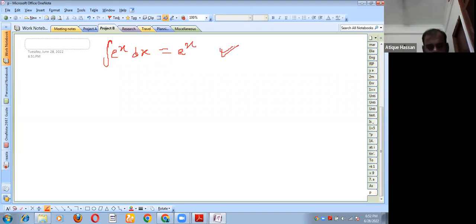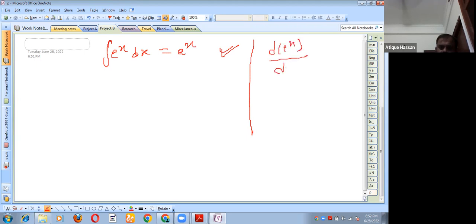You always remember that differentiation and integration of an exponential quantity remain the same. You may have seen that differentiation of e to the power x dx is also e to the power x. So either it is integration or differentiation of the exponential function, it remains the same.